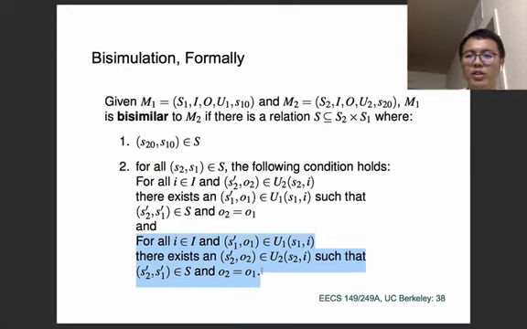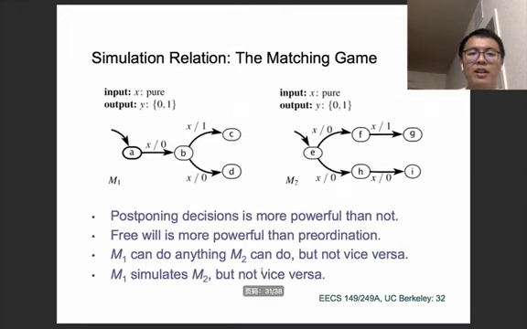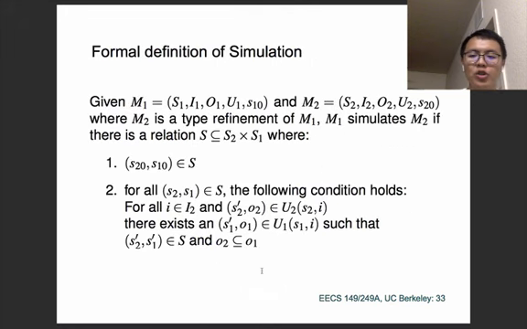So the order of each step is very important. But in simulation, we only check in one orientation. So we made the order this way at first because we want to check that M1 is similar to M2, so we let M1 move first to check if M2 will follow the movement.